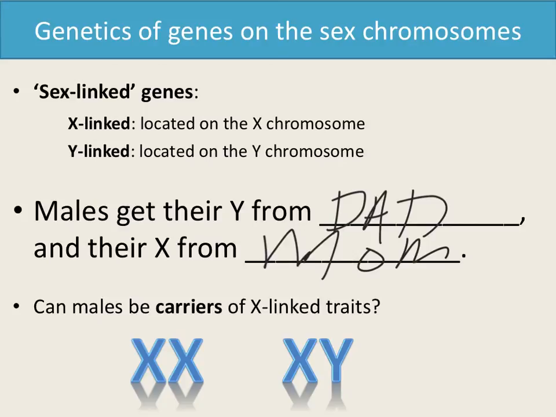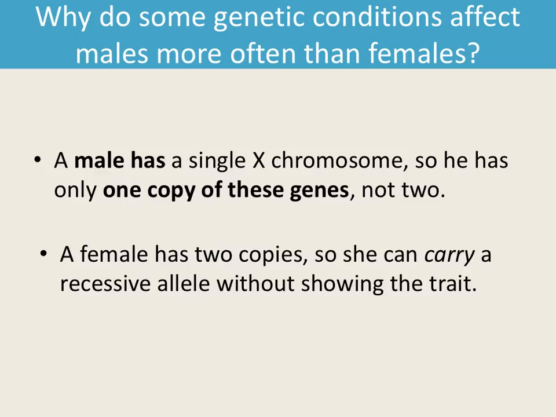That means a carrier doesn't express, let's say, a problem, whether it's color blindness or something like that. So a carrier doesn't express it, so a male can't be a carrier. If he's got a problem on the X chromosome, he's going to express the problem. Only females can be a carrier.